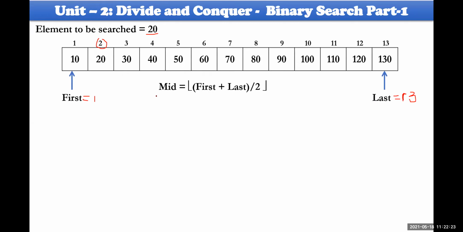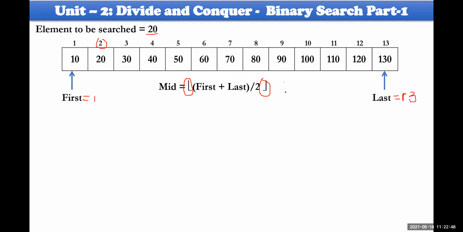In C, integer divided by integer always gives an integer, so there is no problem. But in some languages, even if you give integer divided by integer, you get a float value. That is why we have taken the floor. This is the algorithmic representation for floor.